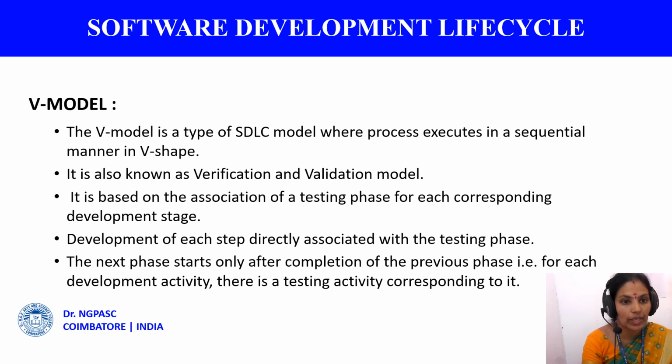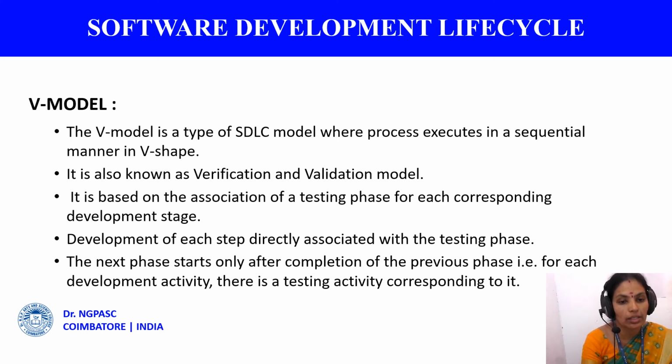Next one is the V model. In the V model, each and every phase comes with a testing phase. It looks like a V, that is why it is called the V model. It is also known as the verification and validation model. It is based on the association of a testing phase for each corresponding development stage. So whatever stage we have, we must include the test phase. Then and there we can clear all the errors and bugs while creating a software product.